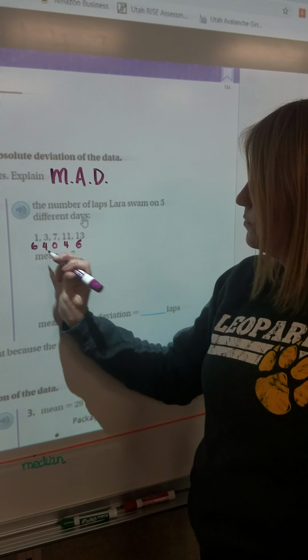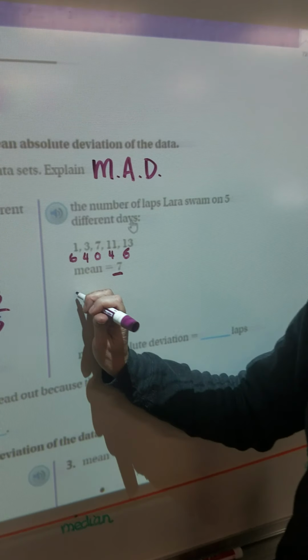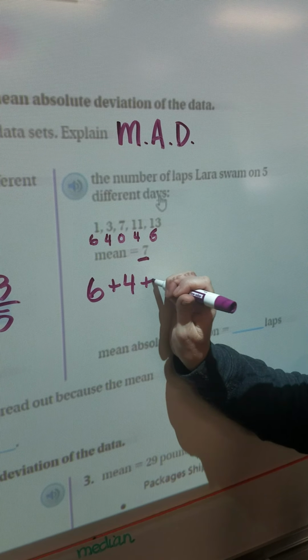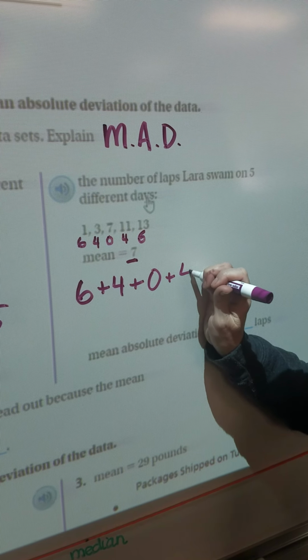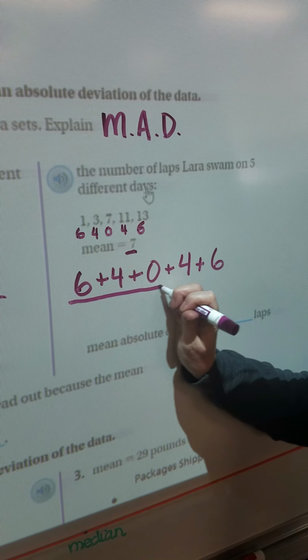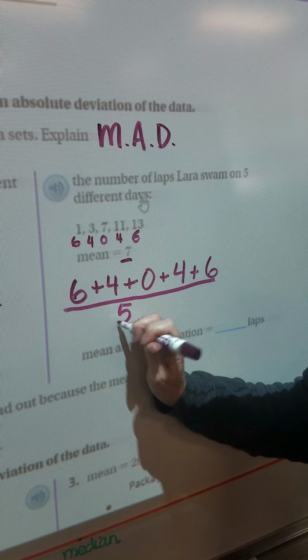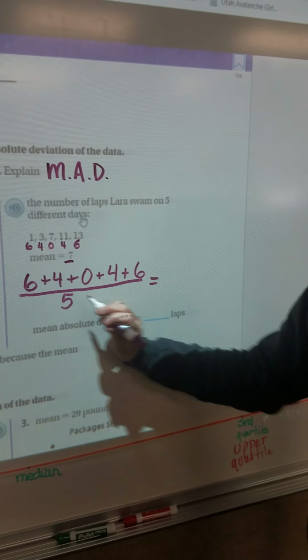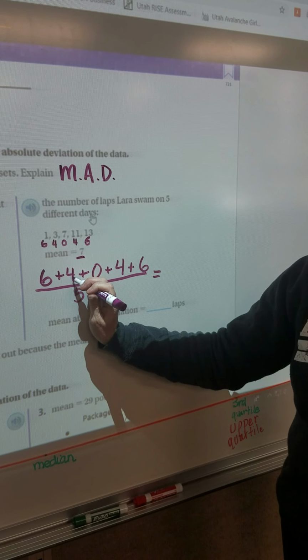Okay, anyway, sorry. So to find the mean of those, we're going to add them all together. 6 plus 4 plus 0 plus 4 plus 6. And we're going to divide all of that by 5. Okay? So adding those all together, boys and girls, 6 plus 4, that's 10.